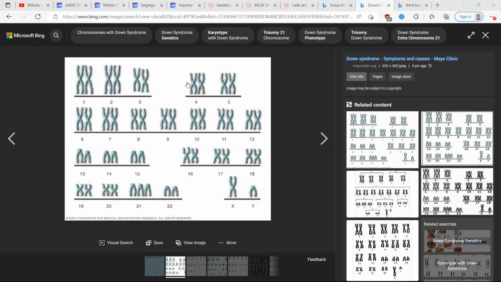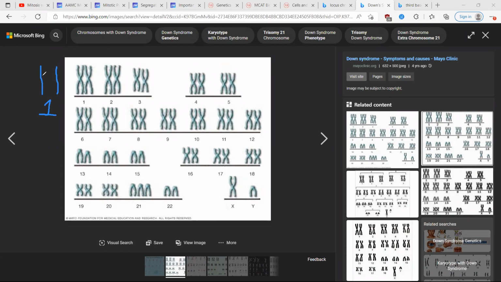A chromosome, let me try to draw it so I can be very clear. Let's imagine we're talking about chromosome 1 right now. A regular human with unduplicated chromosomes has a chromosome 1 set that looks like this.